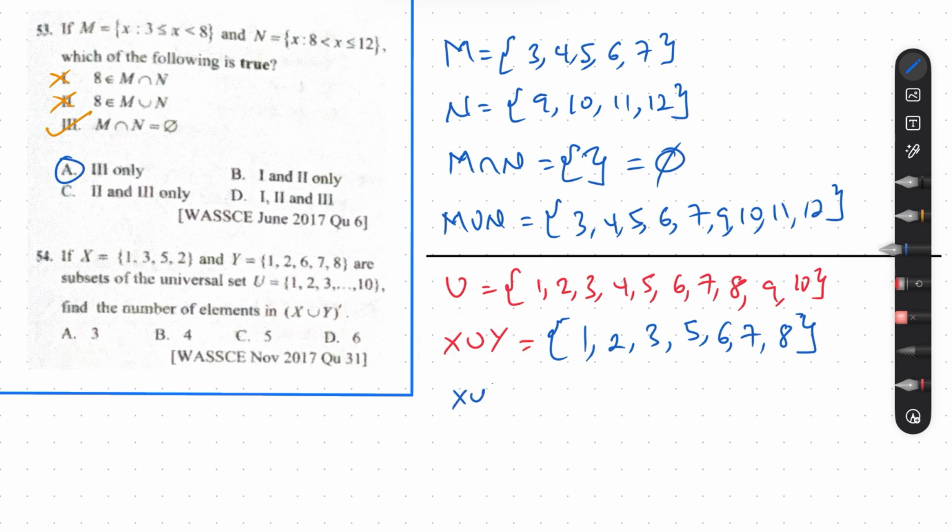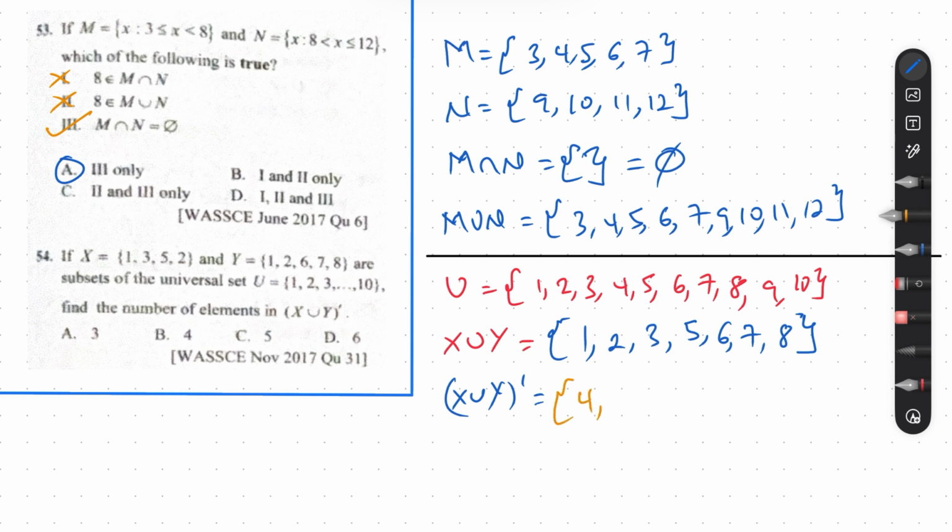So X union Y complement means everything here that cannot be found here. We have 1 here, 1 here. 2 here, 2 here. 3 here, 3 here. 4 here, 4 not here, so 4 would come here. So let's write that down: 4.